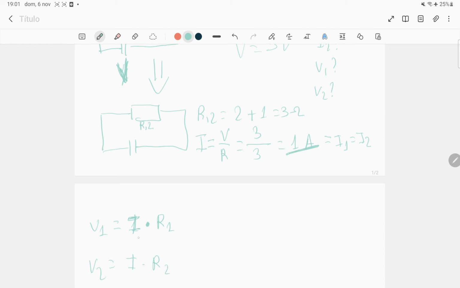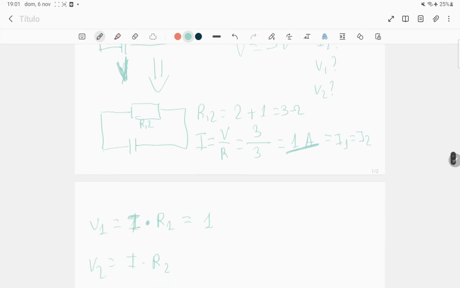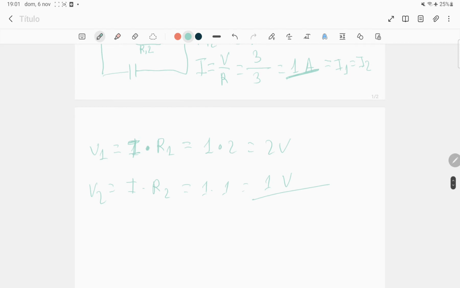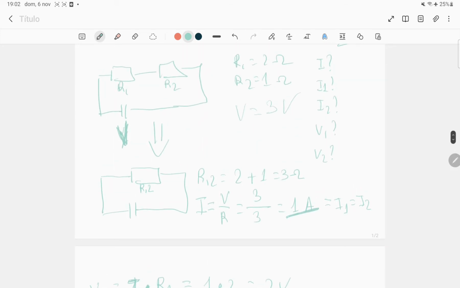Okay, this is I1 multiplying R1 and I2 multiplying R2, but it's the same as I, so I put I. I is 1 multiplying 2, so it's 2 volts, and 1 multiplying 1, so it's 1 volt. So, to see if we have made it correctly, the sum is 3 volts. That is the same that we have here. Okay? So this is the series one.